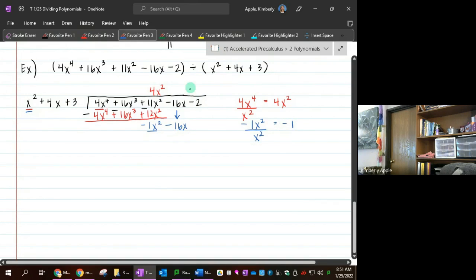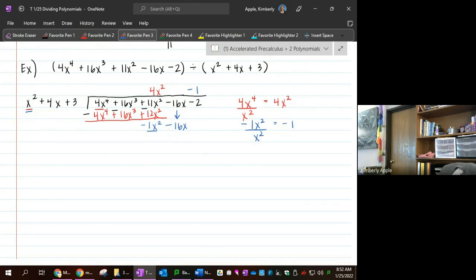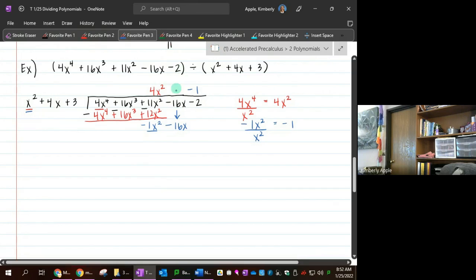You still just put this right here, right? Remember what I said. You could put a placeholder, like plus 0x or whatever, that's fine, but it's the same thing in the wash. If you just remember that you put it there, I don't put it here because it doesn't have an x. I line it up right here, and then I just follow the same process.